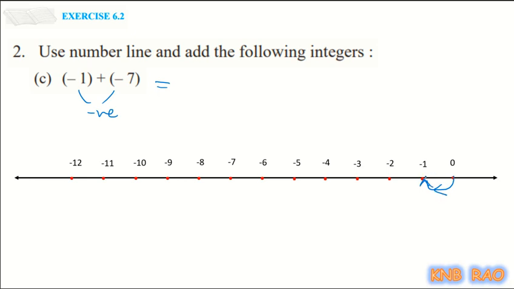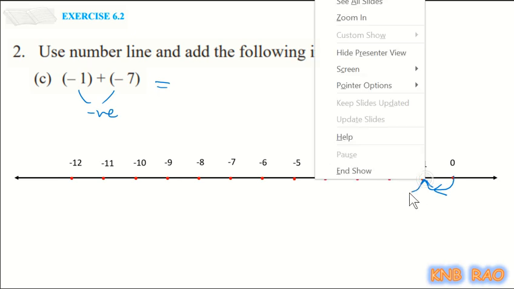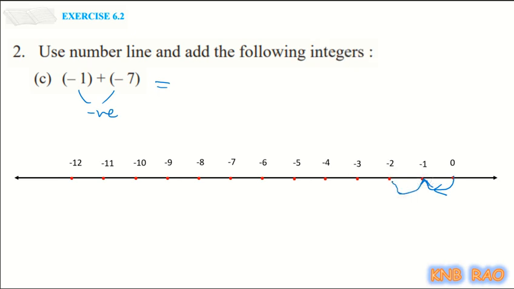Again from minus 1 I am moving towards left only because 1, 2, 3, 4, 5, 6, 7, that means I have added negative number by moving left. So, from here we arrive at minus 8. Minus 8 is the right answer.